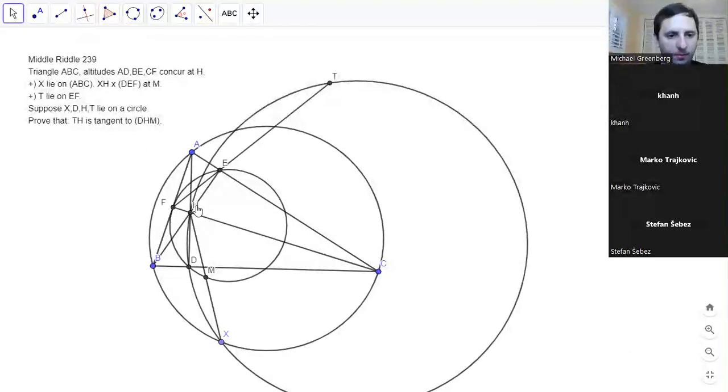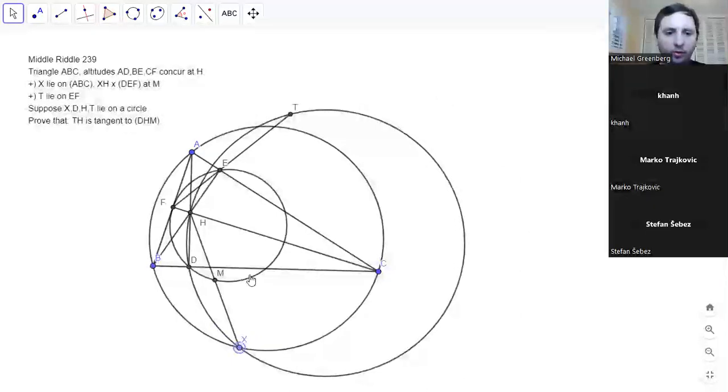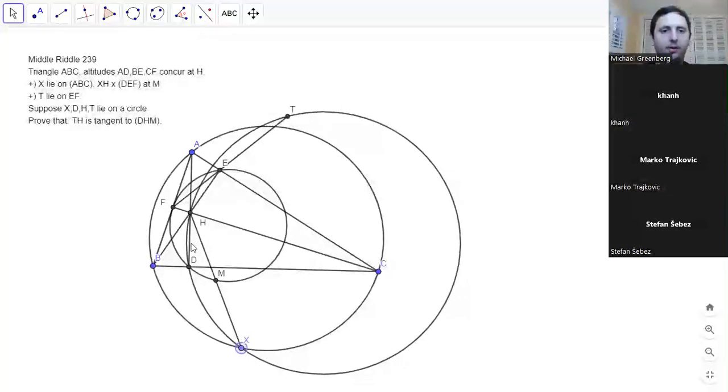All right. So yeah, X is any point on the circumcircle. You let XH meet the 9-point circle. So this is a 9-point circle. So really M is going to be the midpoint of XH actually, by a homothety. Because a homothety about H takes a 9-point circle to the circumcircle. So we have the midpoint of HX.